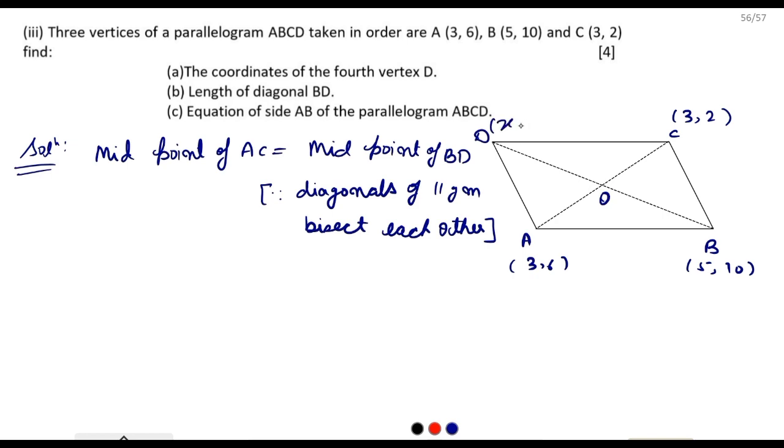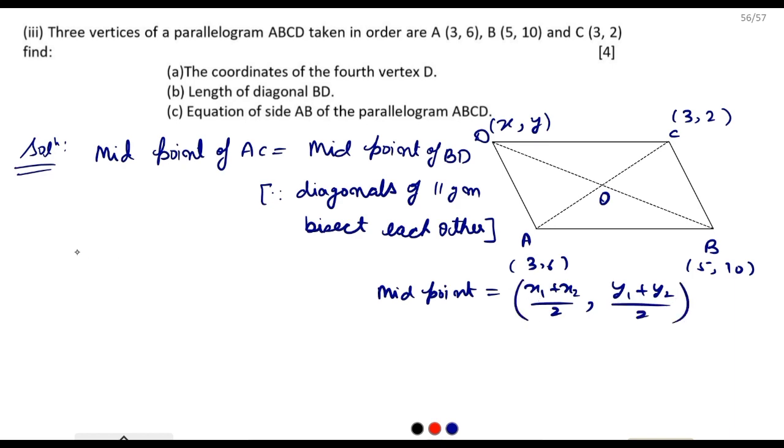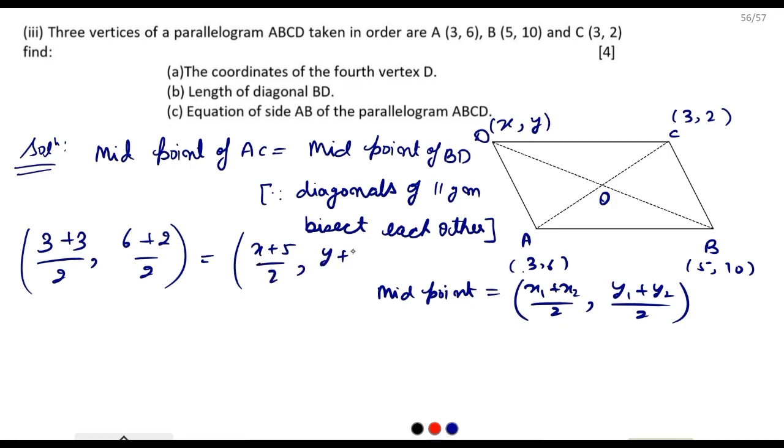If the coordinates of D are x, y, then midpoint of AC by midpoint formula, x1 plus x2 upon 2 and y coordinate y1 plus y2 upon 2, that is 3 plus 3 upon 2 and 6 plus 2 upon 2, will be equal to midpoint of BD, x plus 5 upon 2 and y plus 10 upon 2.